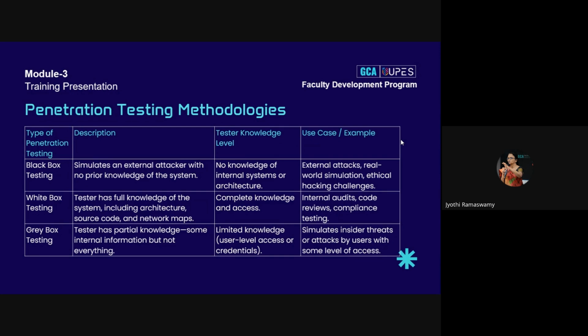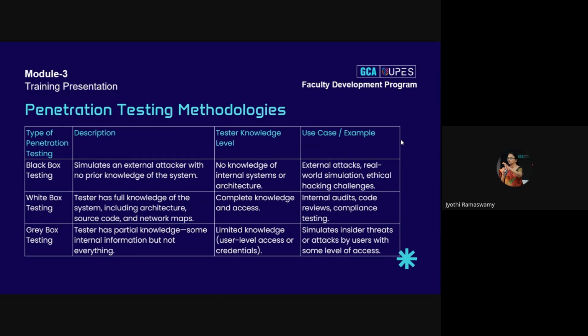Now, what is gray box? Part of the information is available, part is not available, right? So the tester has partial knowledge, but not everything. That is gray box. So the tester will know that these are the touch points, these are the interfaces, these are the tech stacks, right? But the tester will not have the complete architecture or the design, right?